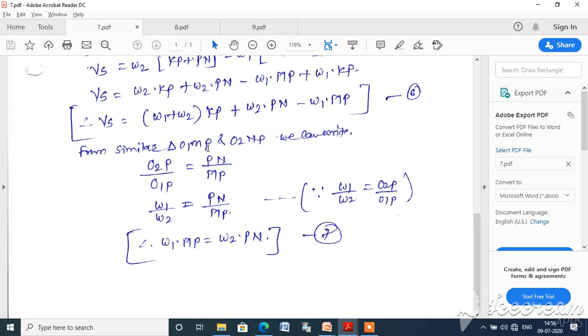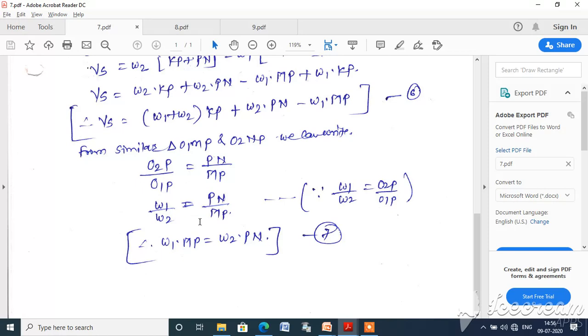Now consider the two triangles O1MP and O2NP. By similarity of triangles, we can write O2P upon O1P is equal to Pn upon Mp. But what is O2P upon O1P? It is the law of gearing, omega 1 upon omega 2. So omega 1 upon omega 2 equals Pn upon Mp.